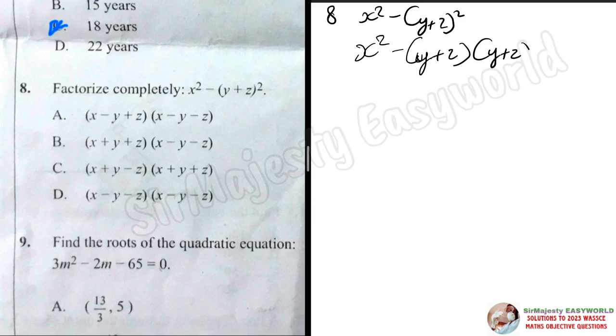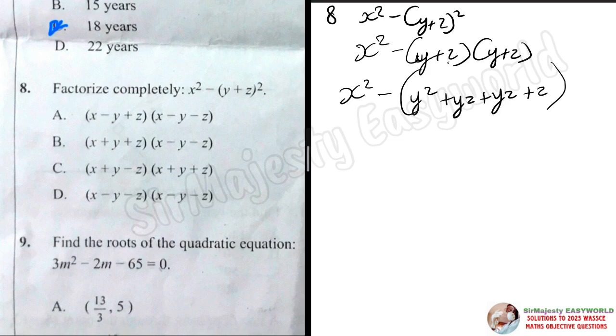Number 8 says factorize completely x squared minus (y plus z) squared. So in this question, we're going to first expand this (y plus z) squared. So this will give us (y plus z), another (y plus z) again. So this will be x squared minus everything in brackets. That will be y times y is y squared, y times z is yz, plus z times y is yz, z times z is z squared.